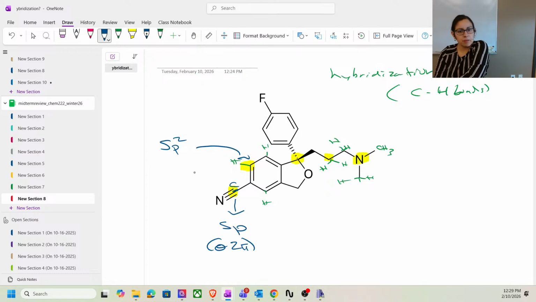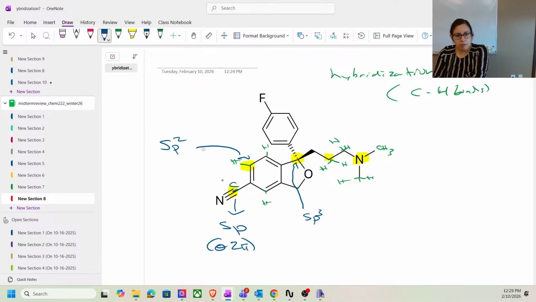Questions about that one? And then, right, we have our carbon here. So how many things is it bonded to? What's its hybridization? sp what? sp3, right, bonded to 4 things. 1, 2, 3, 4. sp3, so tetrahedral.